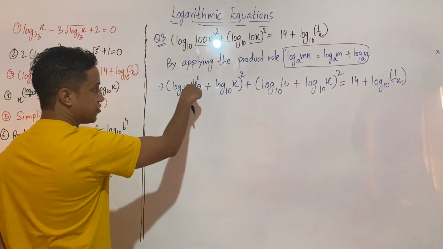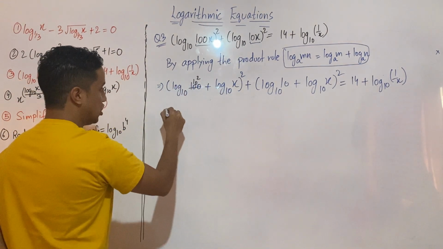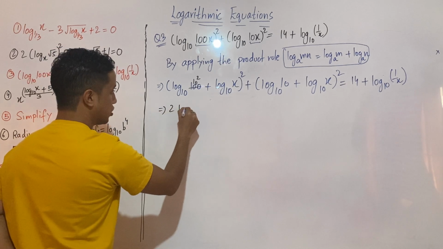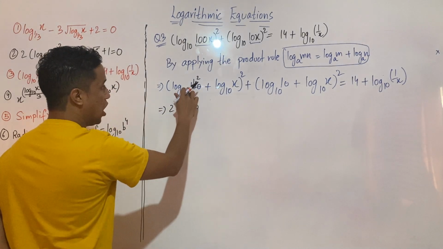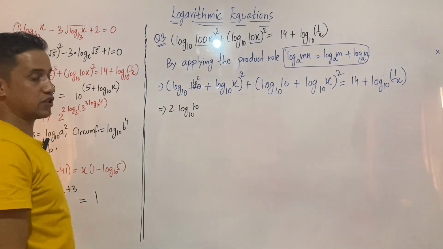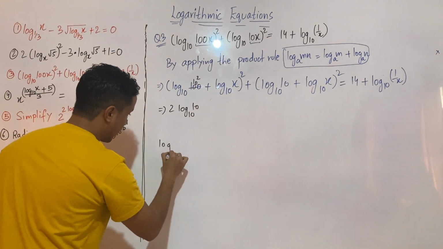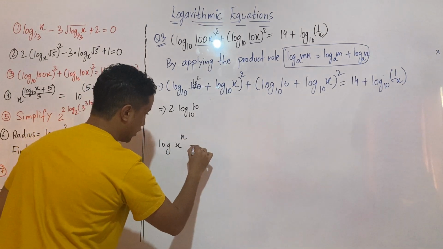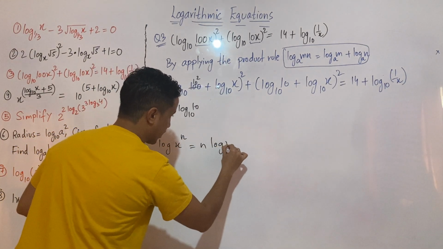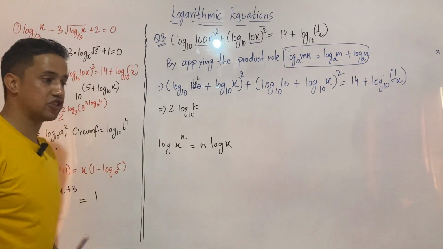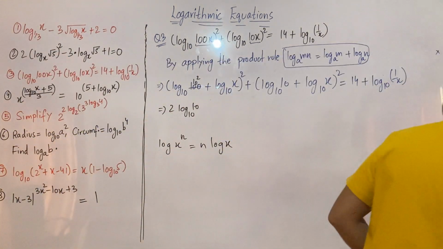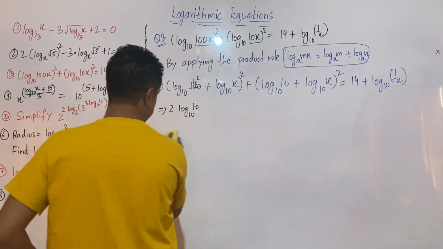If I write here 10 square, then it's going to be 2 log 10 to the base 10. Why? I have made use of the property that log x raised to exponent n is n log x. So I have just made use of this property here, okay?